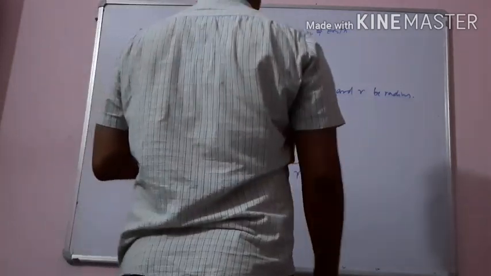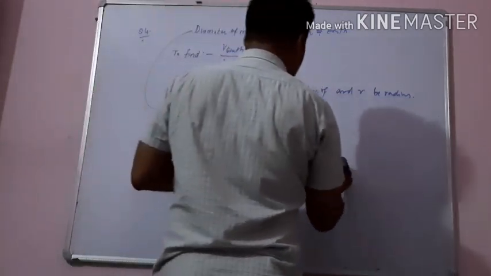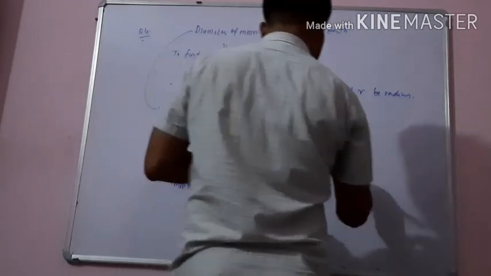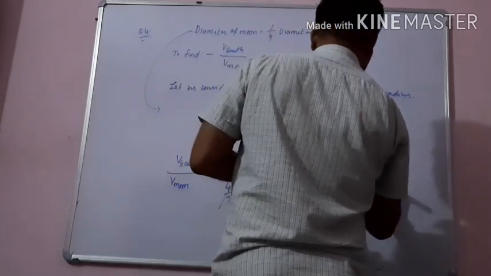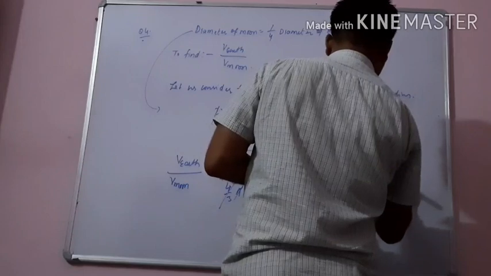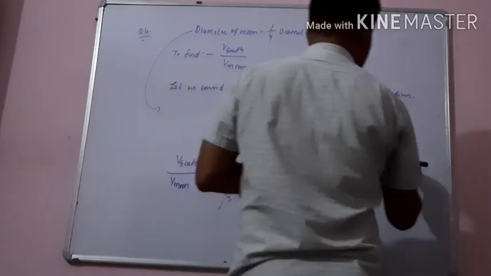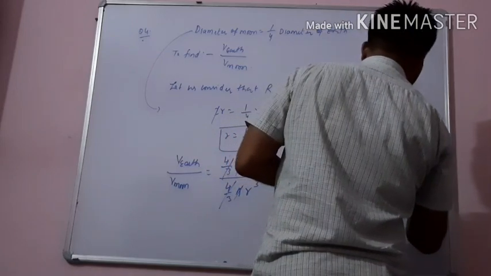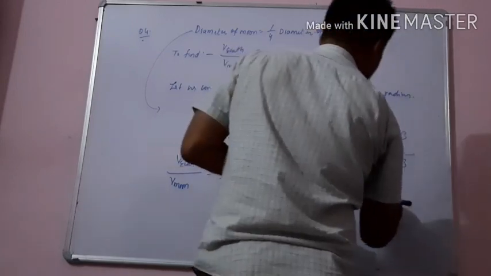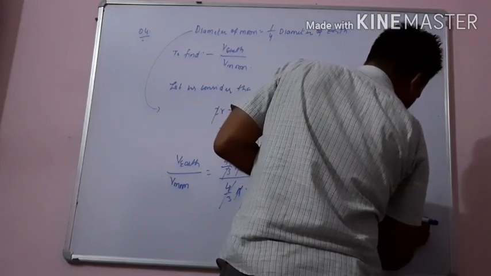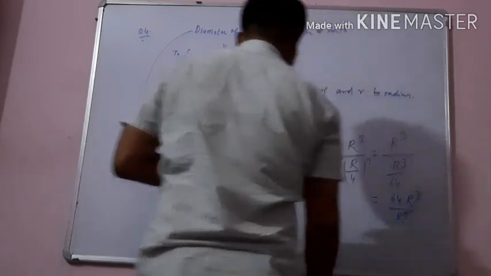Now what is the value of small r? Small r is R upon 4. So (R upon 4) cube will be R cube upon 64. 64 will go upside, and R cube upon R cube cancels.